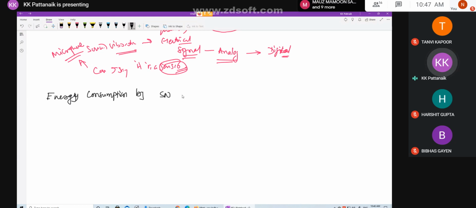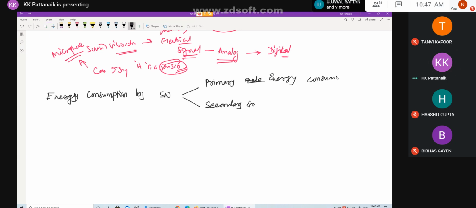So energy consumption by sensor nodes can be in primary mode, or we call it primary energy consumption, and the other one is secondary mode or energy consumption. Okay, let us write primary energy consumption and secondary energy consumption, right?